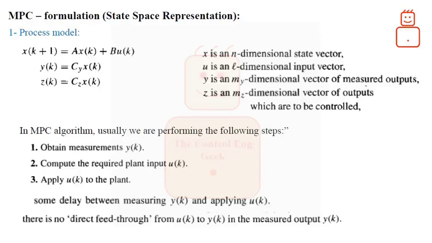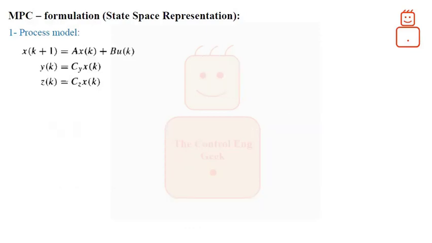The controlled output z of k, however, could depend on the control vector u of k, which is essential for some processes such as heat exchangers with bypasses or gas turbines. The dependency on u of k in the equation of z of k will complicate the computation of u of k. But with a simple trick, just define the following.